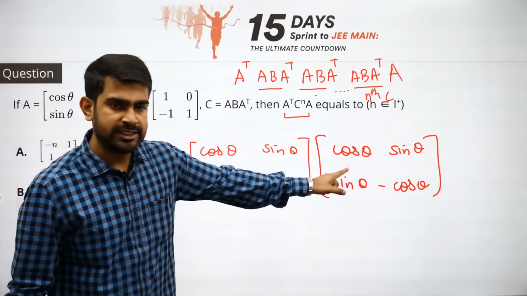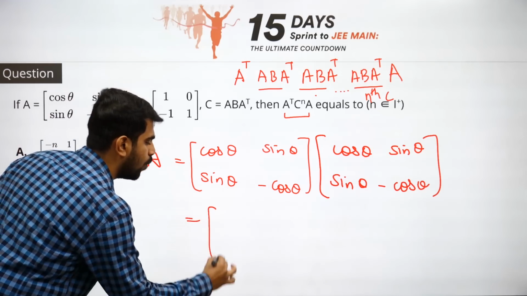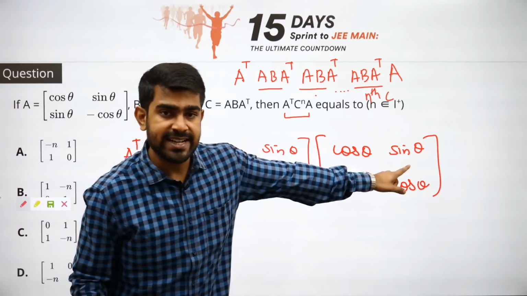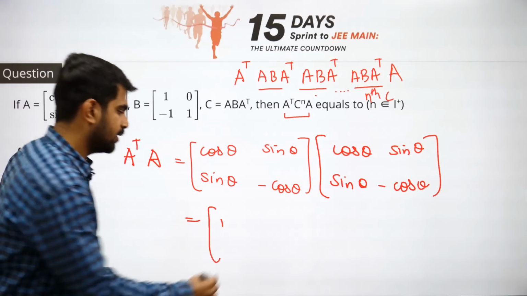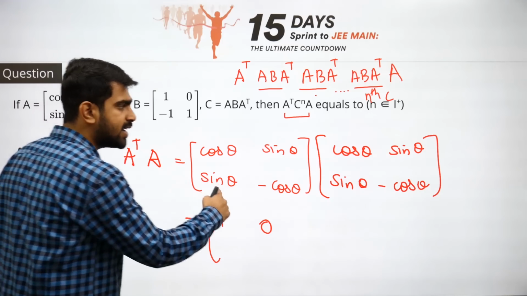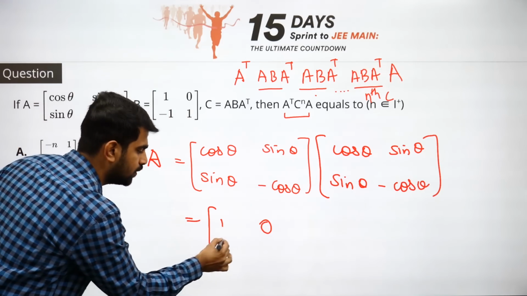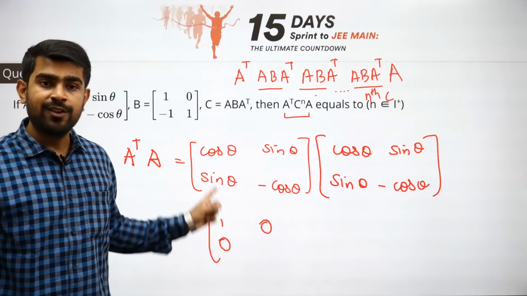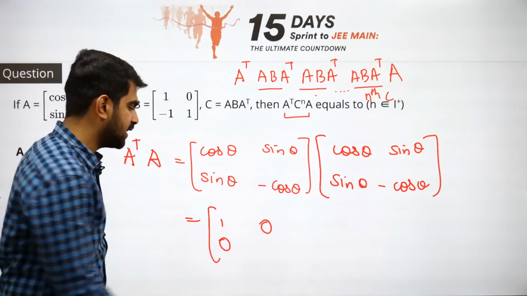Cos square theta plus sin square theta, so that will be 1. Cos theta sin theta minus sin theta cos theta, so 0. Okay, matrix multiplication, very basic. Sin theta cos theta minus cos theta sin theta, again 0. And then finally you have sin square theta plus cos square theta, which is again 1.